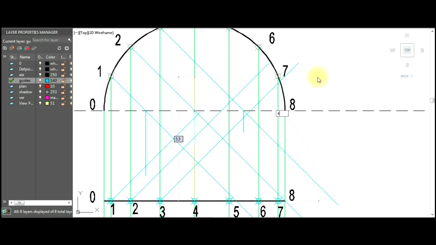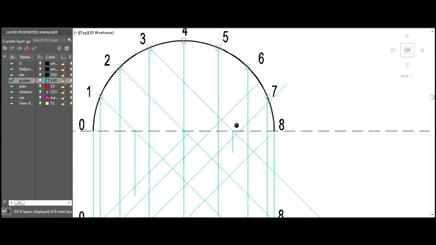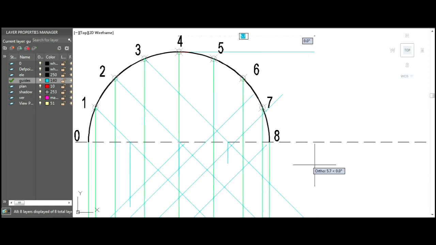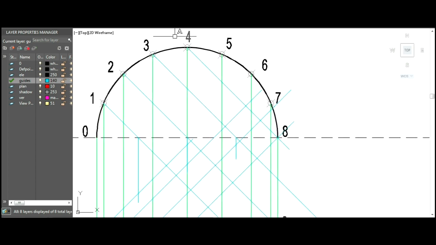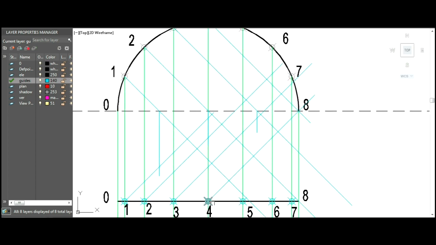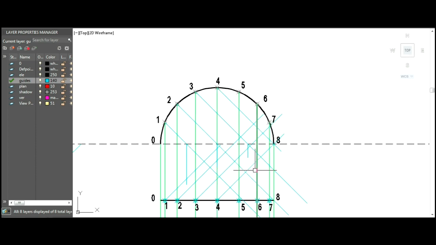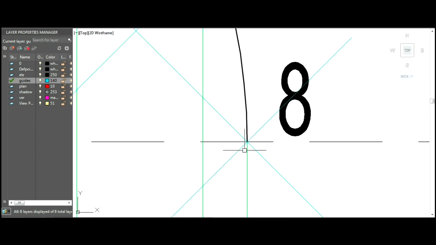Tab 45. So here we see a peculiar situation where the light ray from the plan as well as from the elevation intersect exactly onto the ground line.